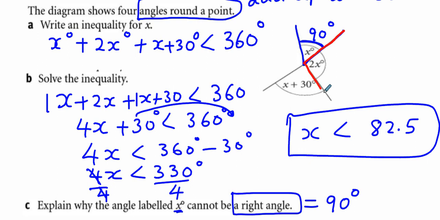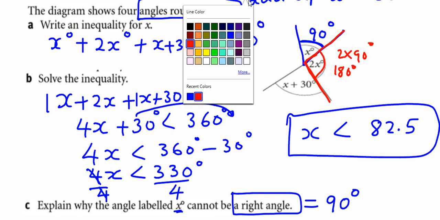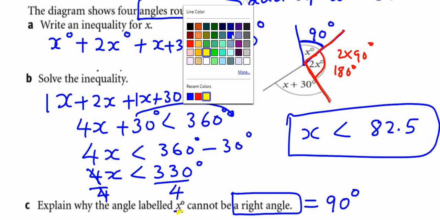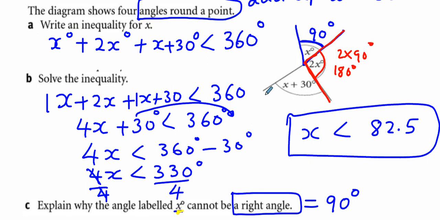This angle here, which is twice x, will be 2 times 90 degrees, which is 180 degrees. See that? Now this angle here will be x plus 30, that is 90 plus 30, and this will be 120 degrees. Now what will happen if x is a right angle?